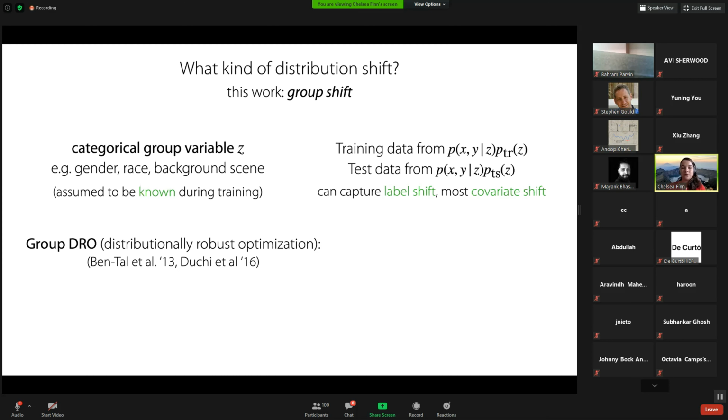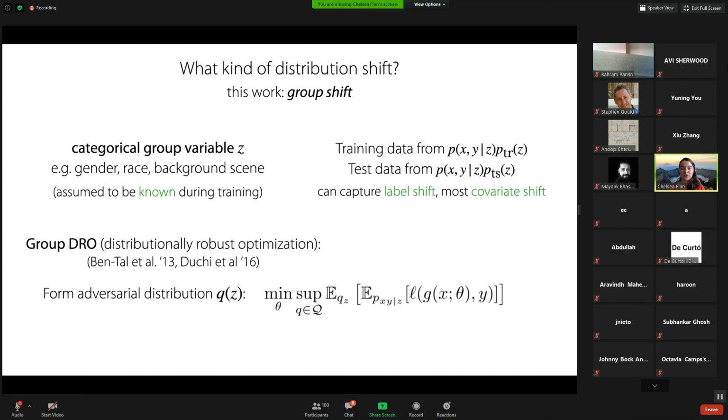Now, one very popular approach for handling this kind of distribution shift is called group distributionally robust optimization. Essentially, this tries to form an adversarial distribution Q of Z and optimize for the worst case distribution over Z, such that if at test time you're given a minority group, such as a minority race or a minority gender, you get the best worst case performance, even if that group is heavily underrepresented in the data.